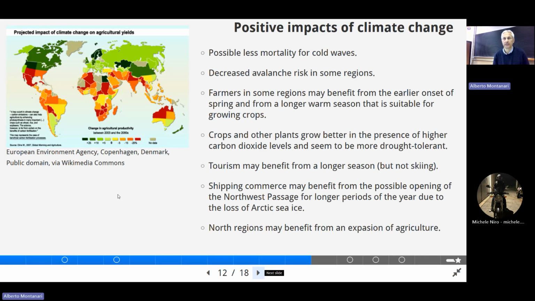We shouldn't forget the positive impacts. The map shows the change in agricultural productivity between 2003 and the predicted agricultural productivity in 2080. Where you see red or yellow, there is a decrease.